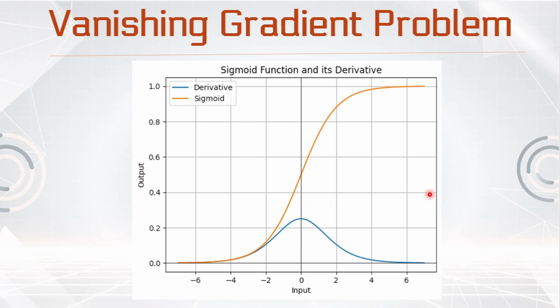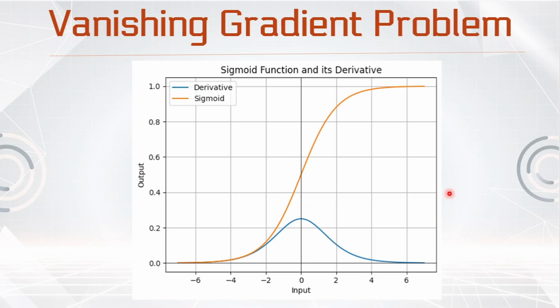And when you multiply by this small number over and over again, the gradient becomes a very small number. So it doesn't update the weight significantly, and the learning process gets stuck. When vanishing gradient problem happens, it means the gradient becomes very small, it vanishes, and the learning process doesn't continue.